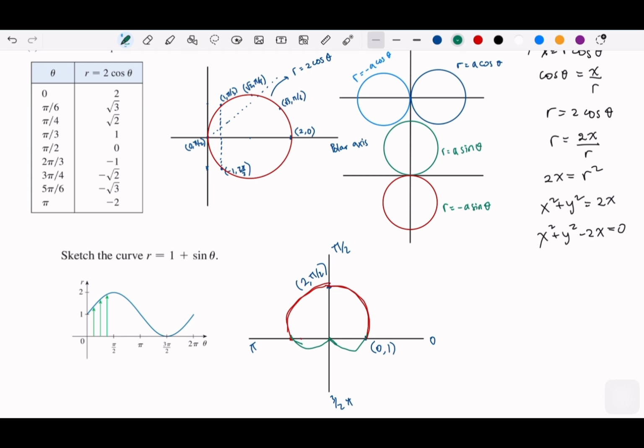Okay, so that is the pattern, the same pattern we discussed previously. So this is r equals 1 plus sine theta. We call this the cardioid.